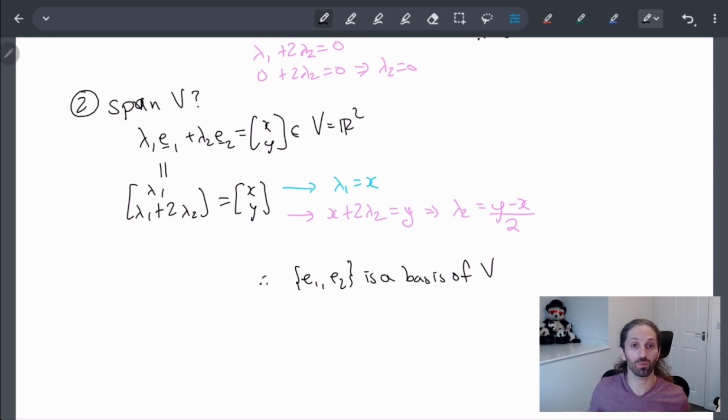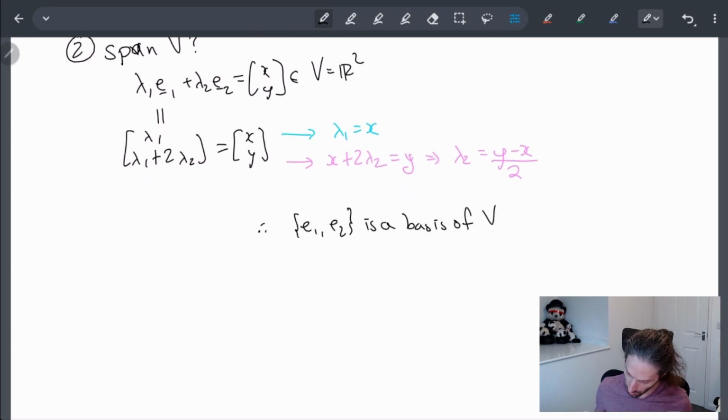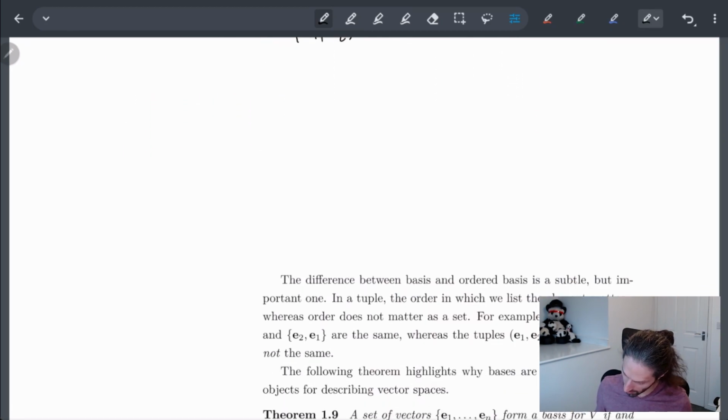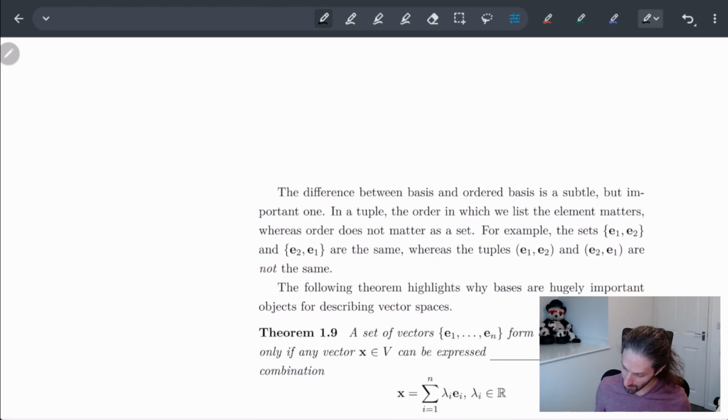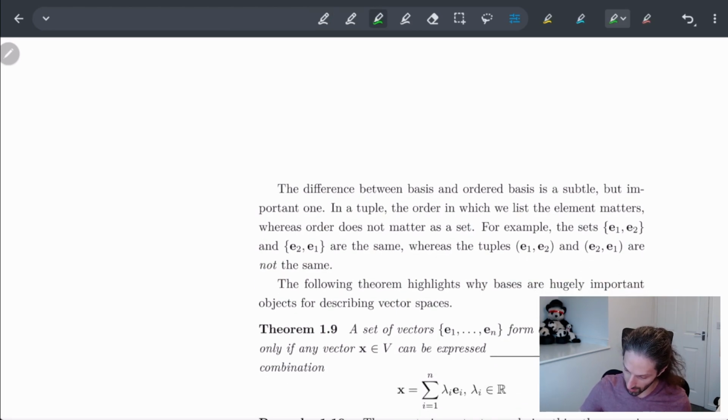One thing to note is that we have a basis, and there are two different ways we can have an ordered basis of this. It comes up in the next conversation. Basically, the ordered tuples (E1, E2) and (E2, E1) are not the same, even though they span the same vector space, they're both linearly independent, and they're the same set.